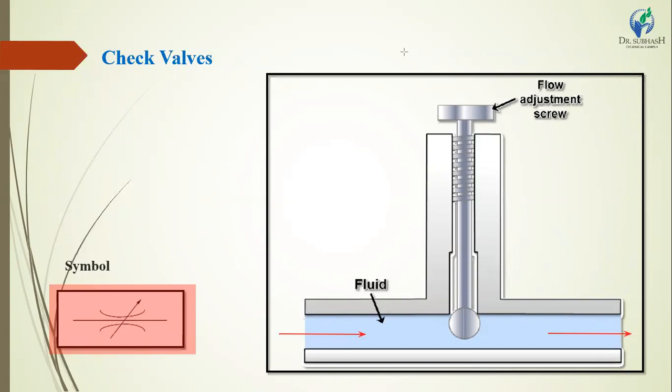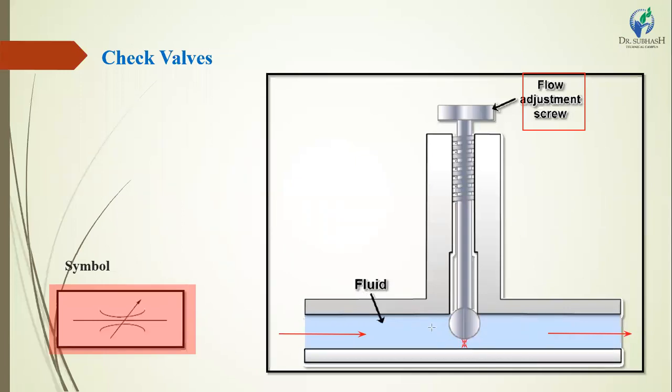Here is the flow adjustment screw. If you require lower, medium or higher flow, we can adjust it by turning the screw clockwise or anti-clockwise, and this area of opening we can manage from here.